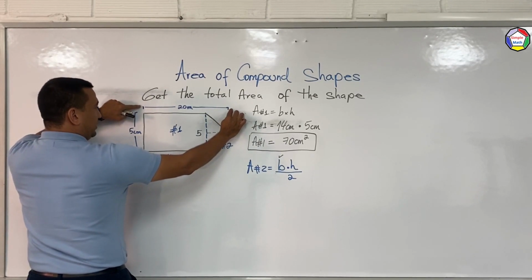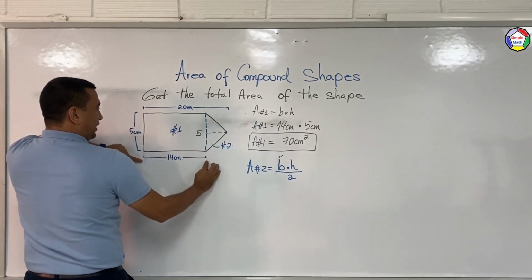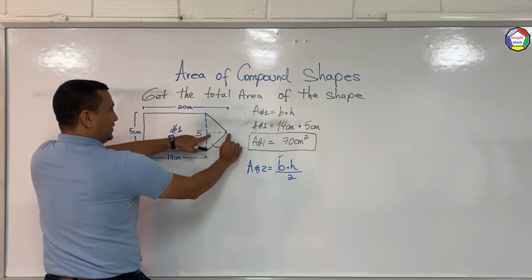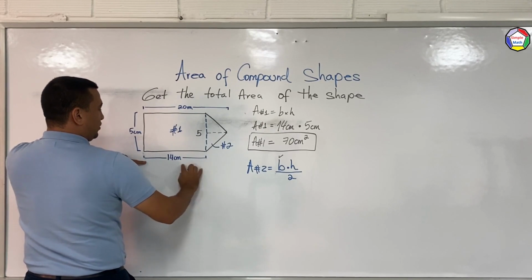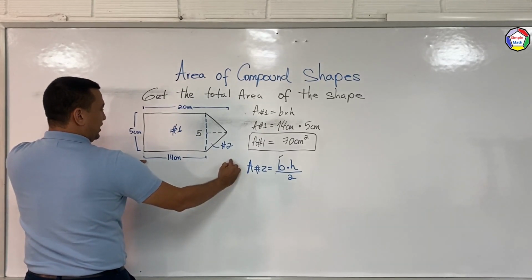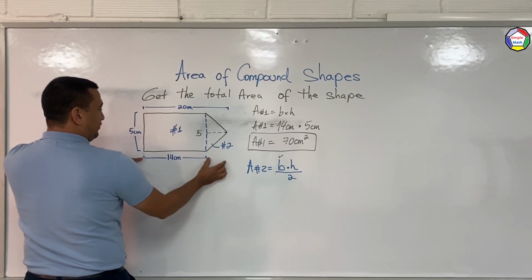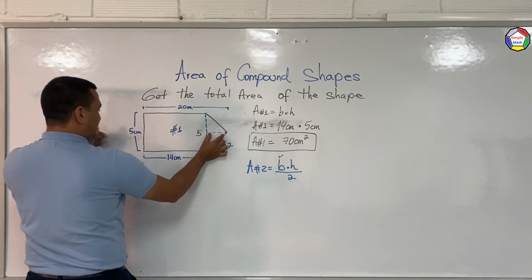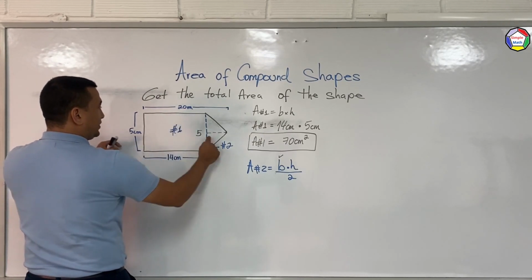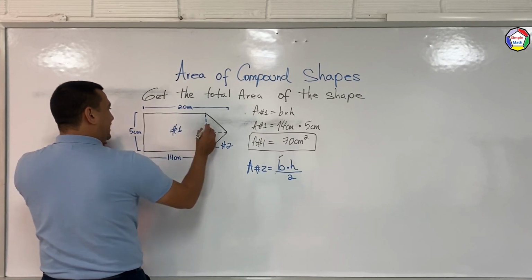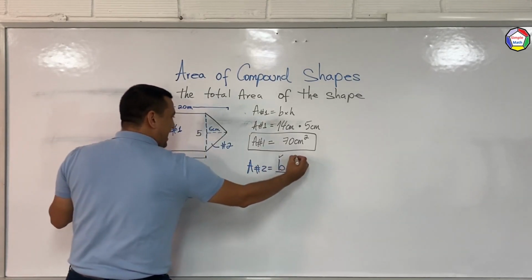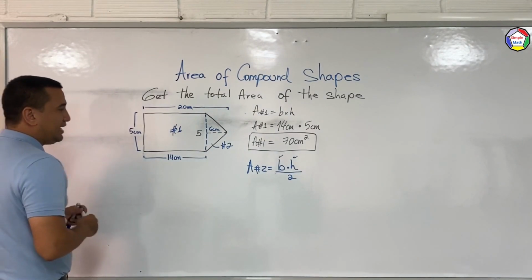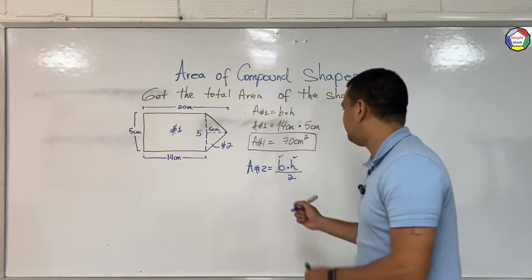So 20 minus 14 is going to be this line segment. 20 minus 14 is 6 centimeters. And that's the height of the formula. Now we can apply our formula.